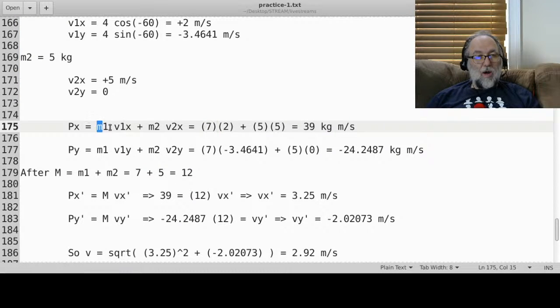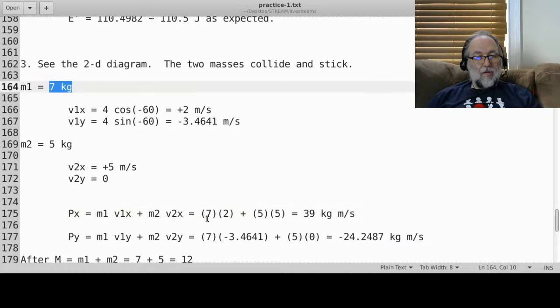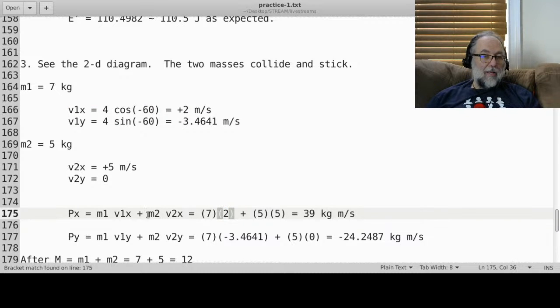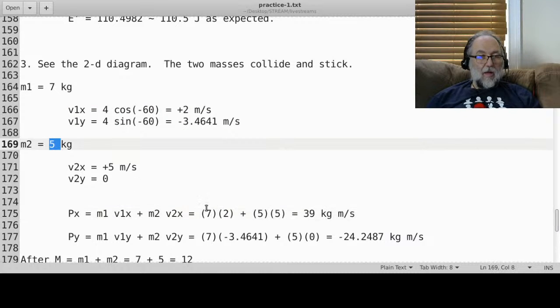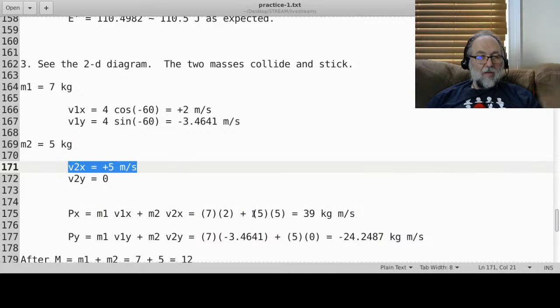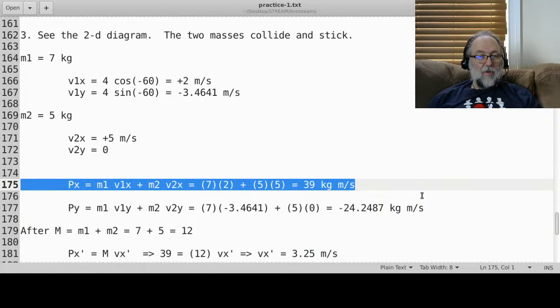So what's m1? Well, m1 is 7. v1x is 2, so we'll put a 2 in there. And then what's m2? It's 5. What's v2x? Well, v2x is 5. So 5 times 5 is 25, and we get a total of 39.